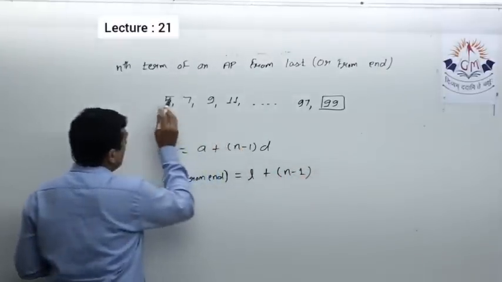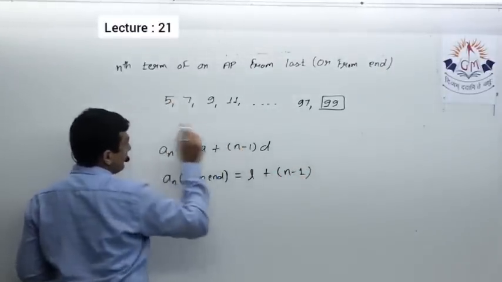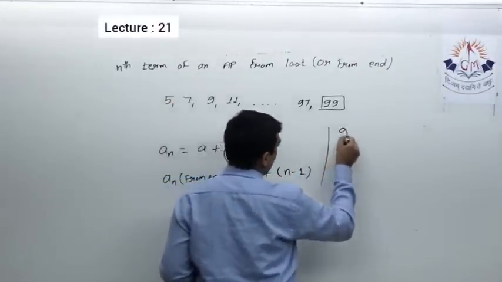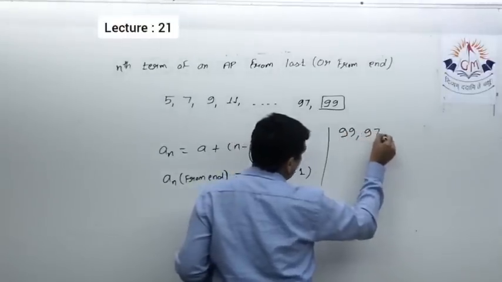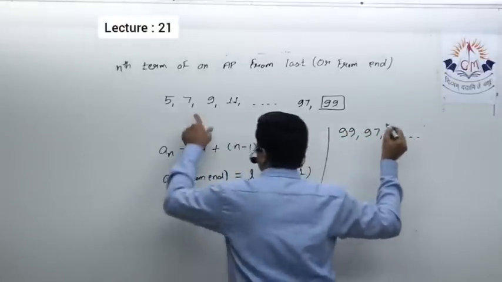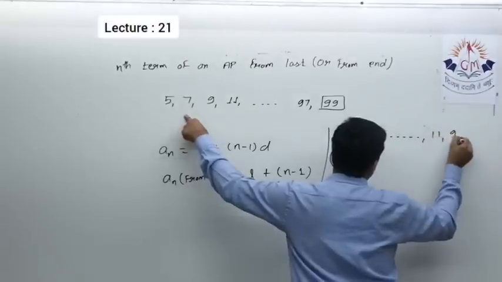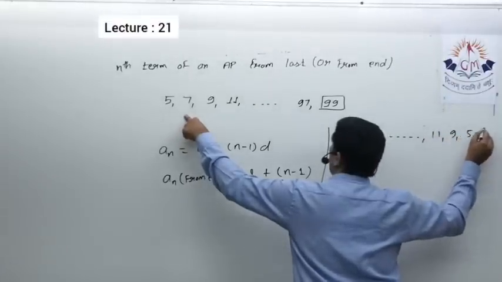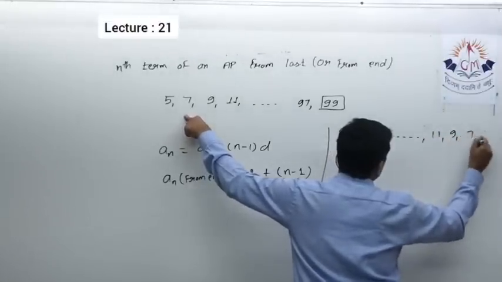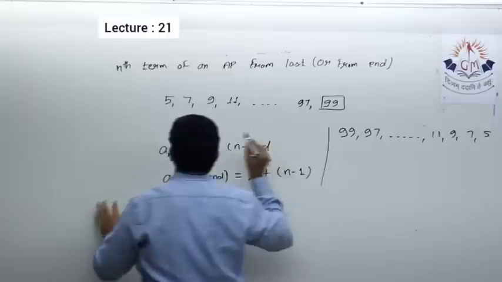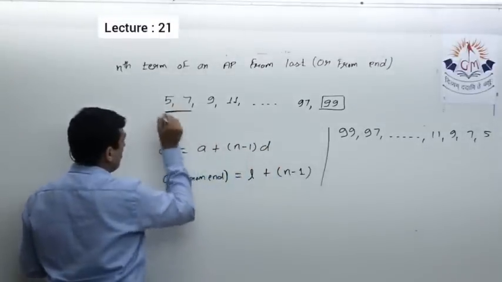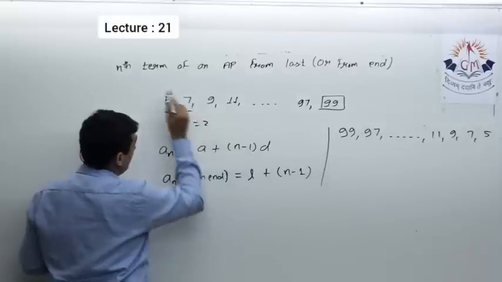Now if I write the terms in reverse order, this will become 99, then 97, finally we'll come to 11, 9, 7, then 5. Now see, what is the common difference over here? 7 minus 5, that is 2 in this case.